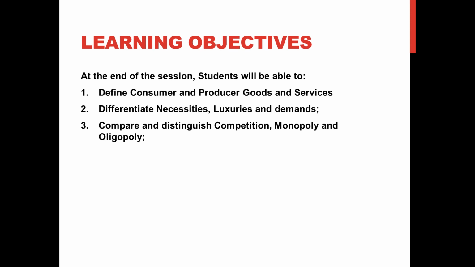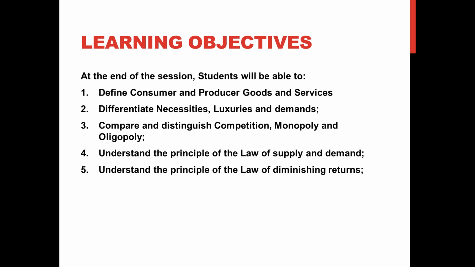So later on we'll have concrete examples here in our country. And then number 4, understand the principle of the law of supply and demand. Of course, you have already heard this a lot of times in your high school. And then next, to understand the principle of the law of diminishing returns.